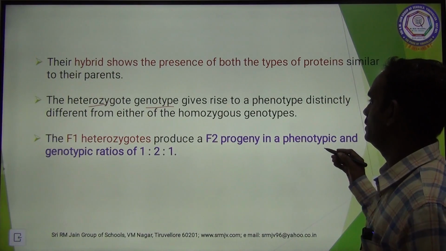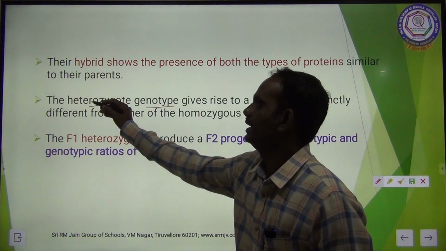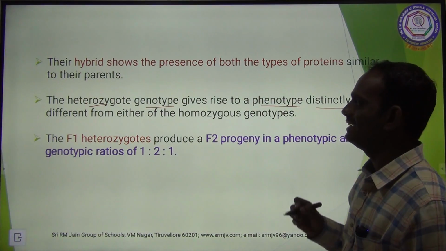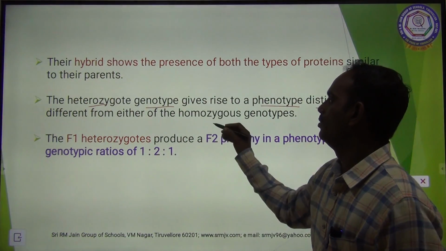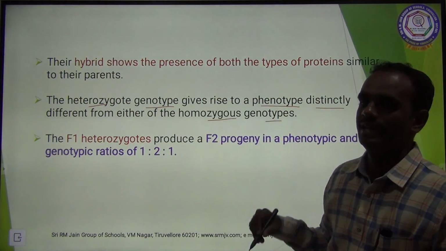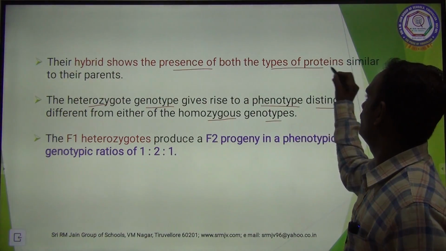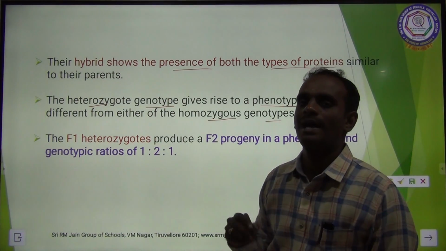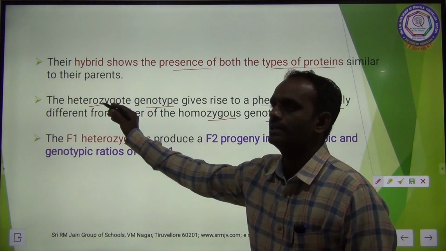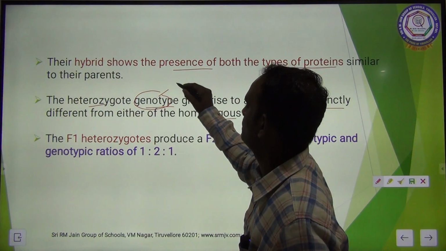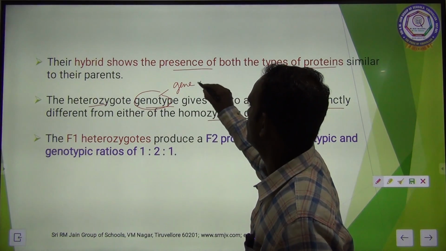The heterozygote genotype gives rise to a phenotype distinctly different from either homozygous genotype. Once again I am repeating, the hybrid shows presence of both types of proteins similar to their parents. The heterozygote genotype is nothing but the gene expression.